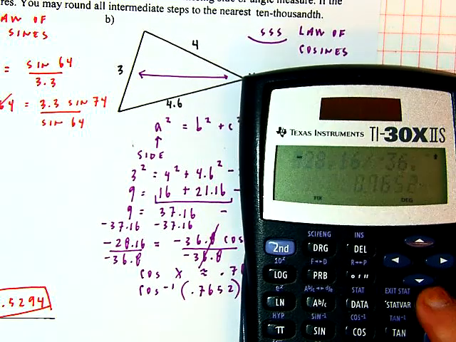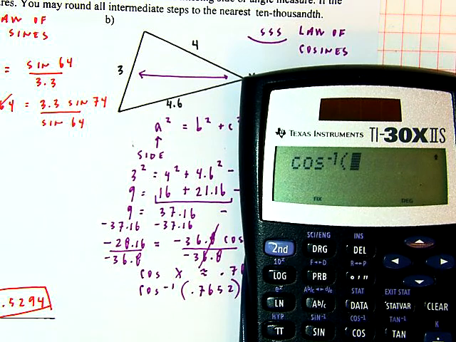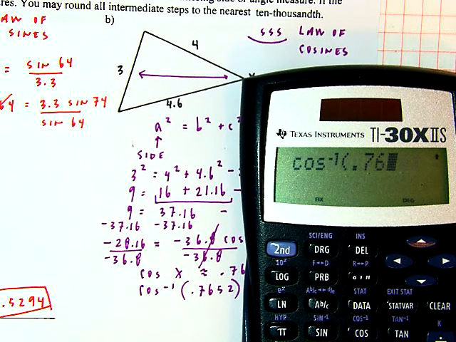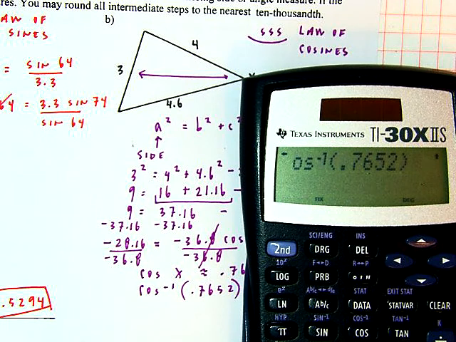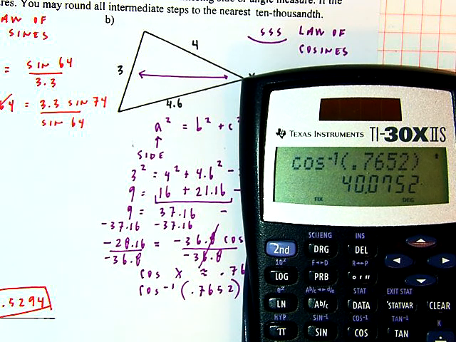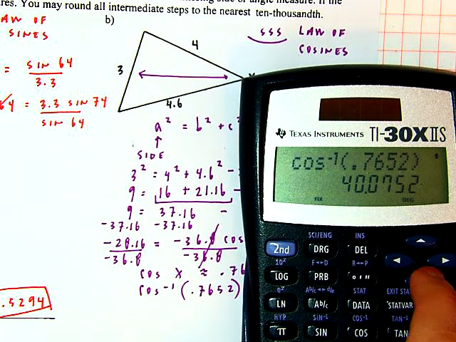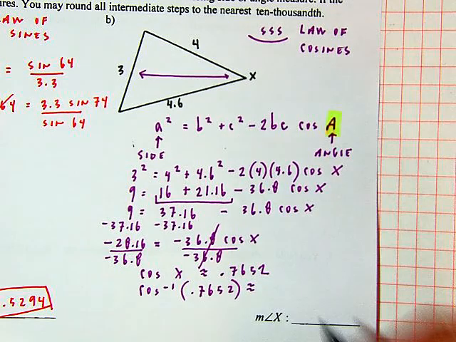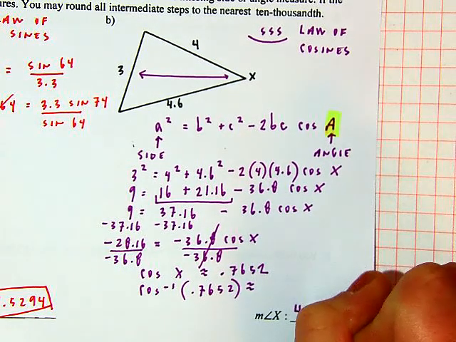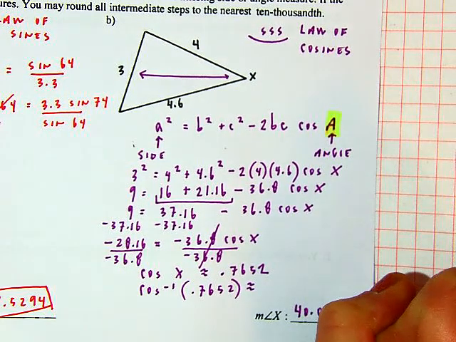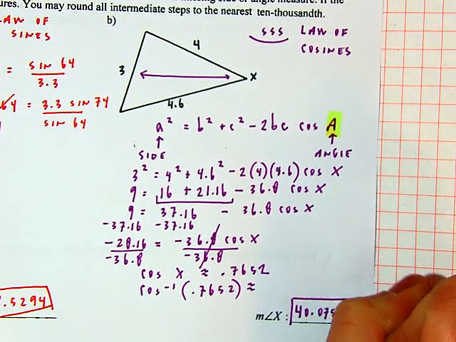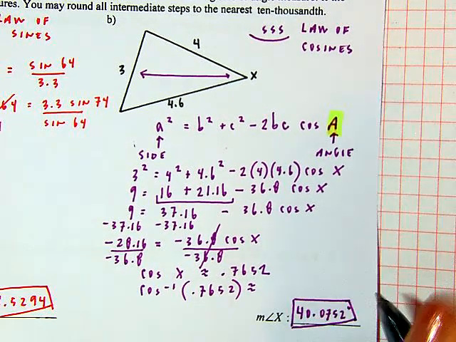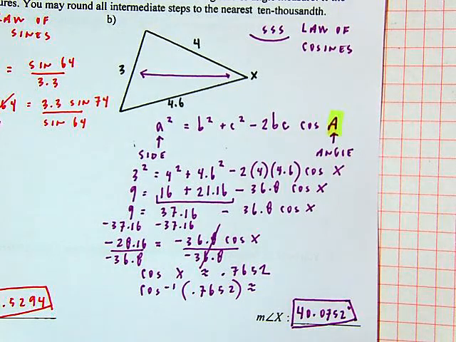Okay, so second cosine, 0.7652, and then I close just like so, and that gets me about 40.0752 degrees. All right, we should be good there.